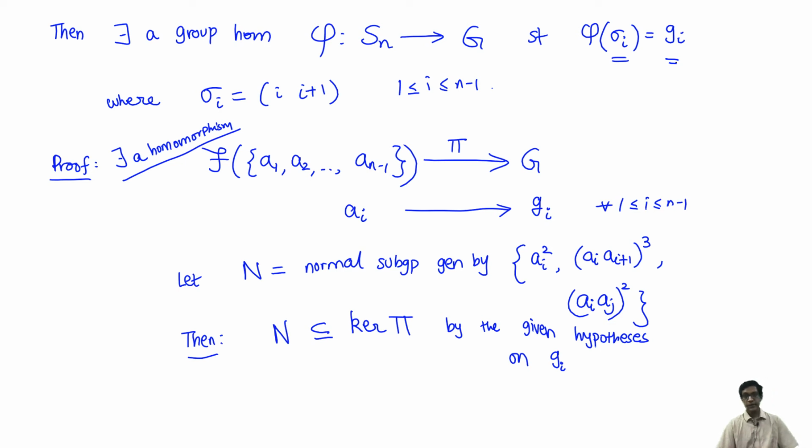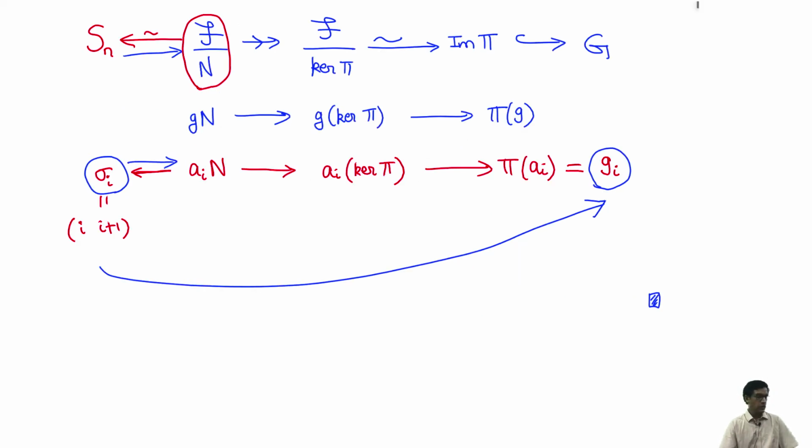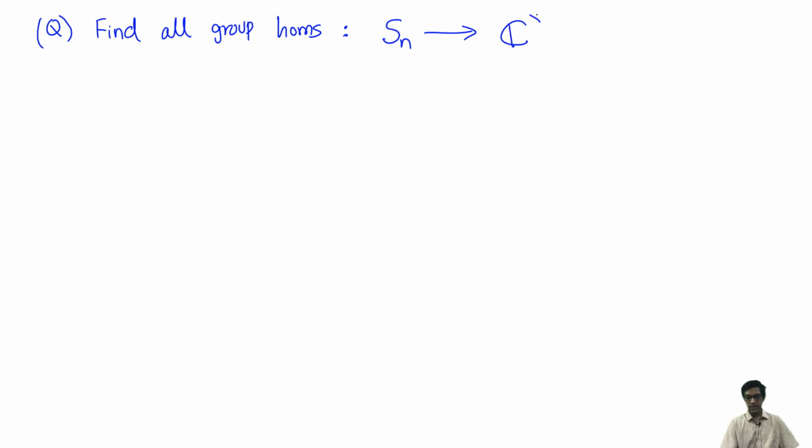So in particular, here's one simple application of this. Here's a question: find all group homomorphisms from the symmetric group Sn to what I'll call C cross.